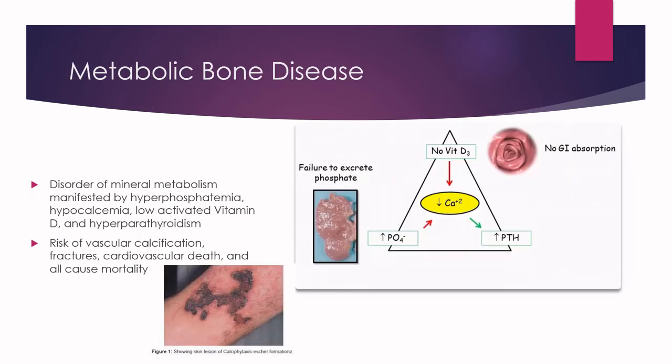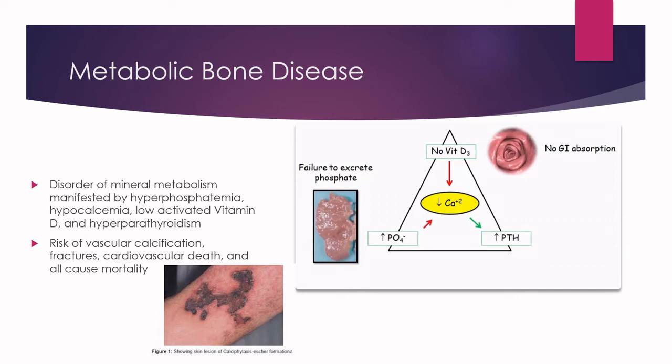We'll now move on to metabolic bone disease. This is a disorder of mineral metabolism manifested by hyperphosphatemia, hypocalcemia, low activated vitamin D, and hyperparathyroidism. The kidneys are the site of major phosphate excretion, and they're also responsible for the final conversion to activated vitamin D with 1-alpha hydroxylase. The way that I think of metabolic bone disease is that as our kidneys fail to excrete phosphate, this causes the excess phosphate to bind to calcium and cause hypocalcemia.